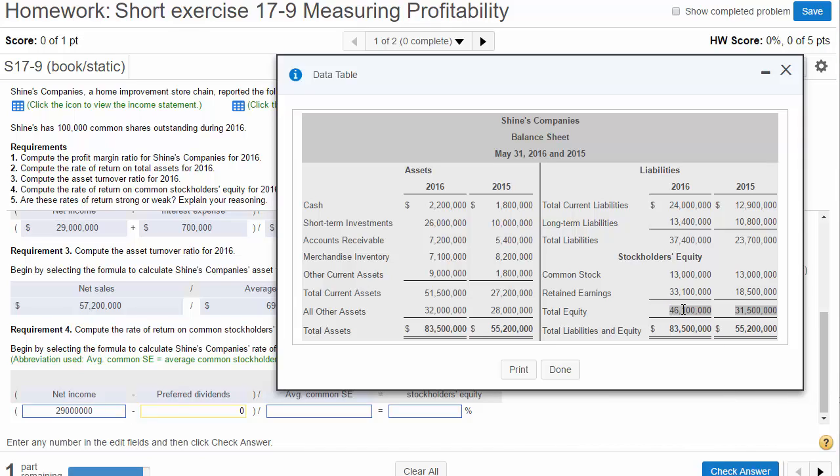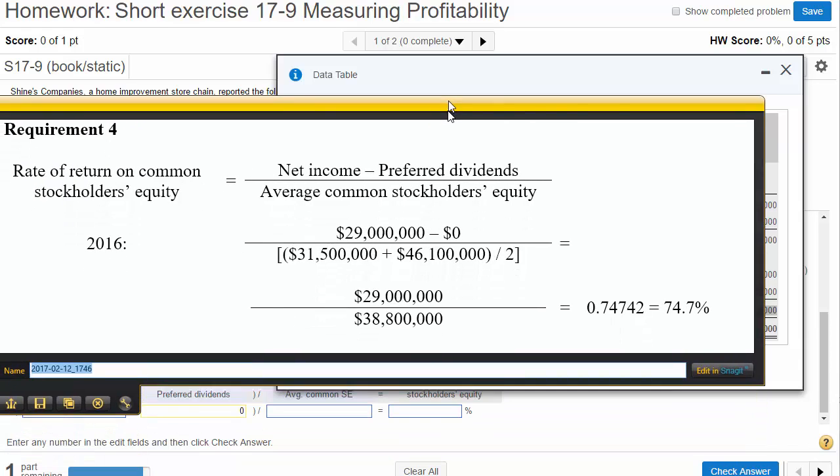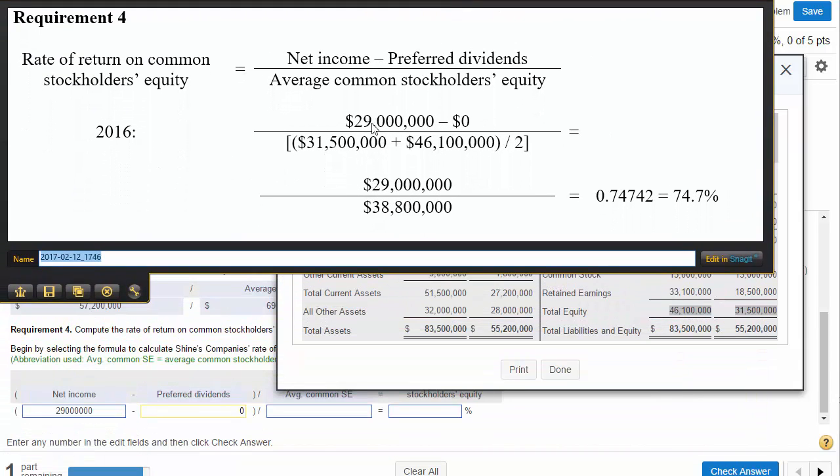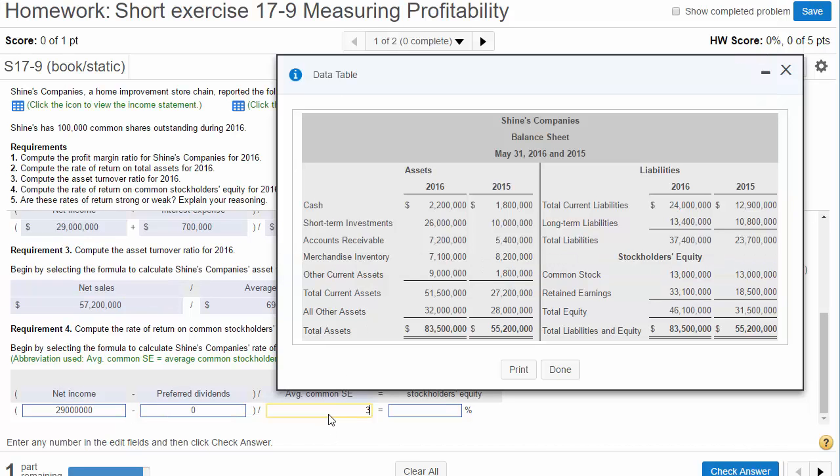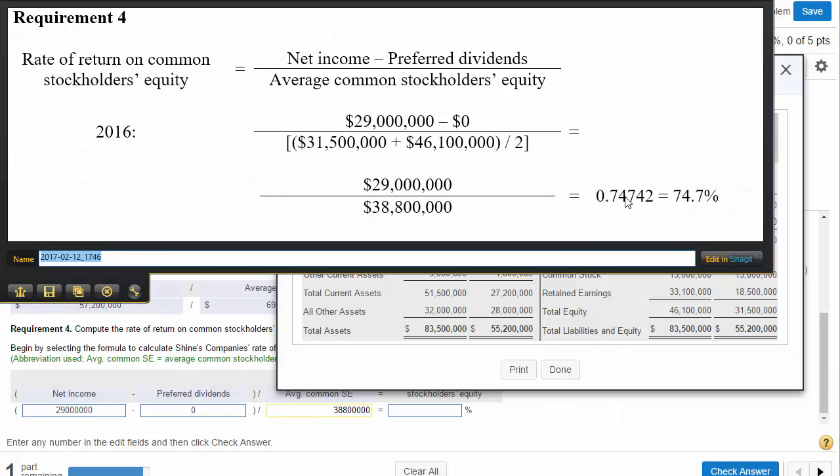So we need to average 46,100,000 and 31,500,000. So this is what our formula is going to look like: 29 million minus 0, divided by our beginning and ending equity divided by 2 to get an average of 38,800,000. So average common equity is 38,800,000.